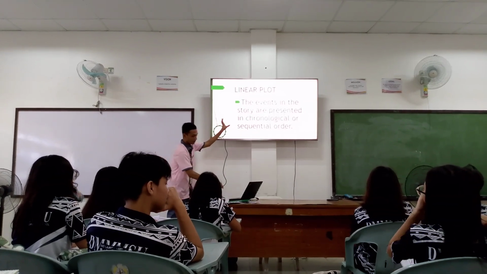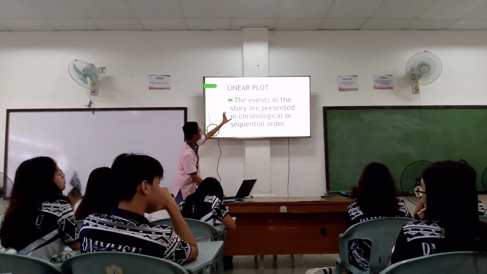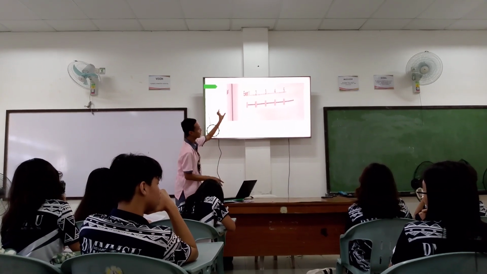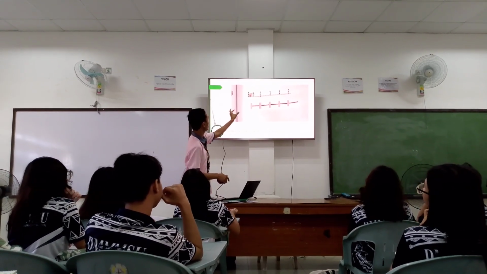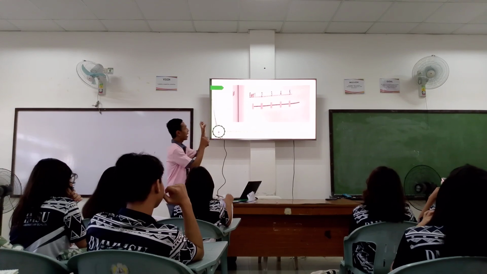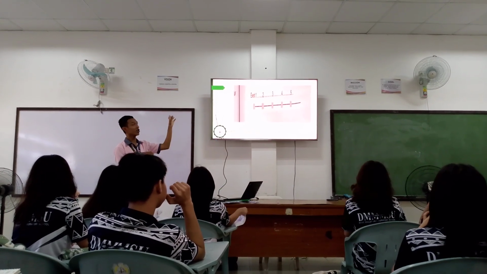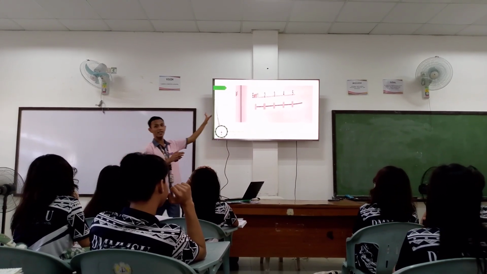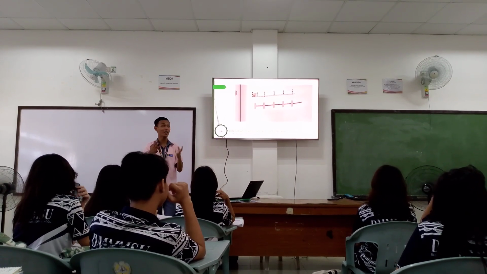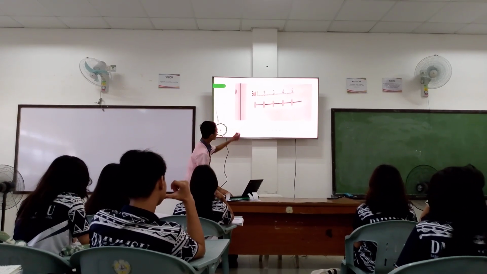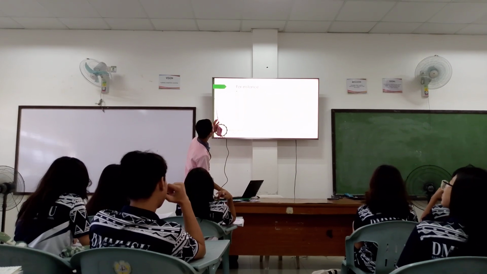Okay, so let us take a look at the image. As you can see here, based on the book, event 1, 2, 3, 4, and 5 are arranged in chronological order. So these five events are arranged in sequential order. For instance, let us take a look at this example.